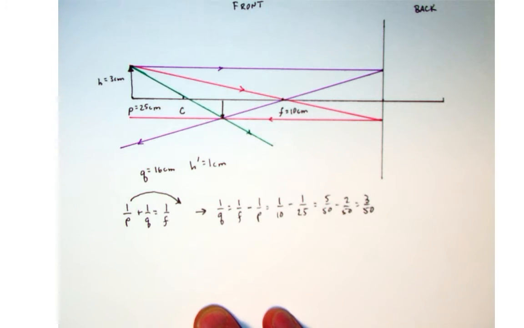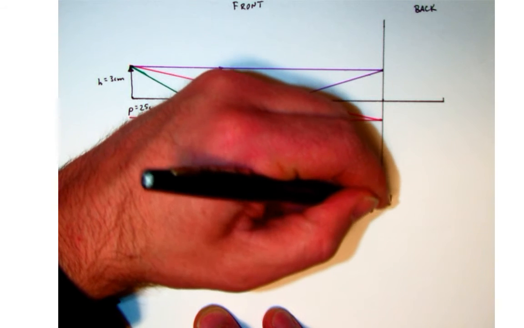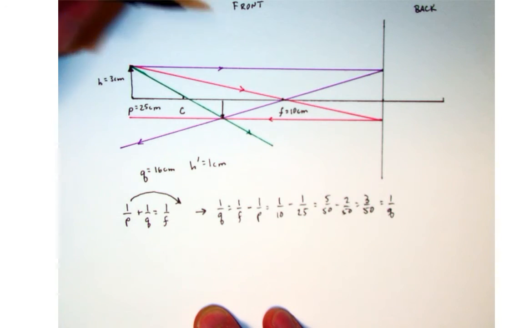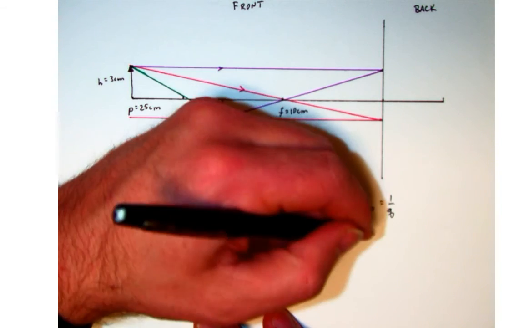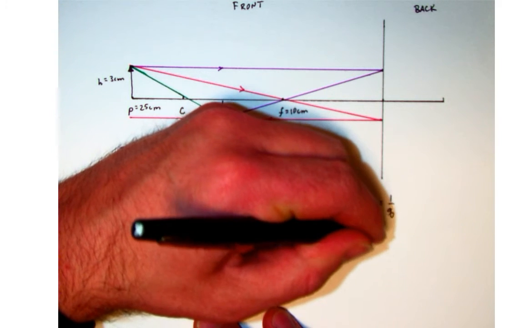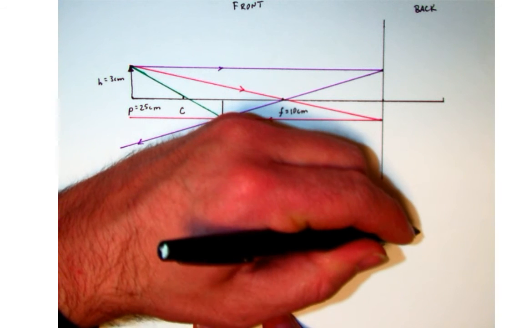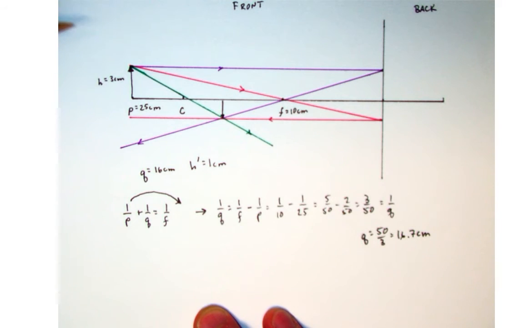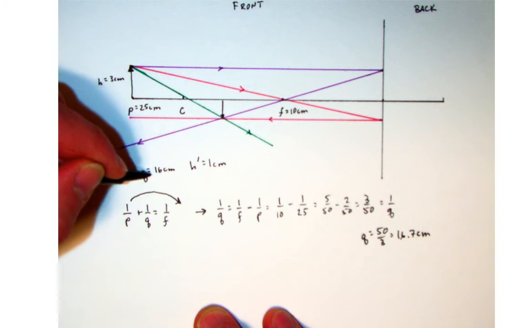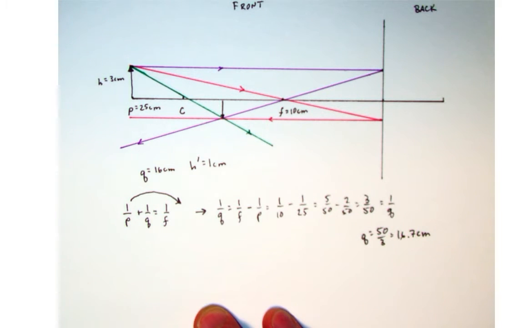Now, again, that equals 1 over Q. So I need to flip both of these over, and I get Q equals 50 thirds, or 16.7 centimeters. So that's what my value for Q is. Now what did I measure it as? I measured it as being 16, so my drawing was pretty good, if I do say so myself.